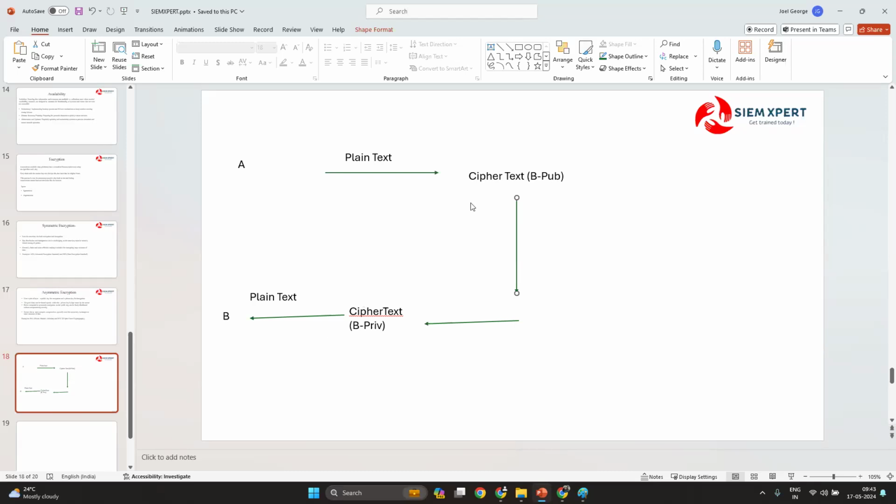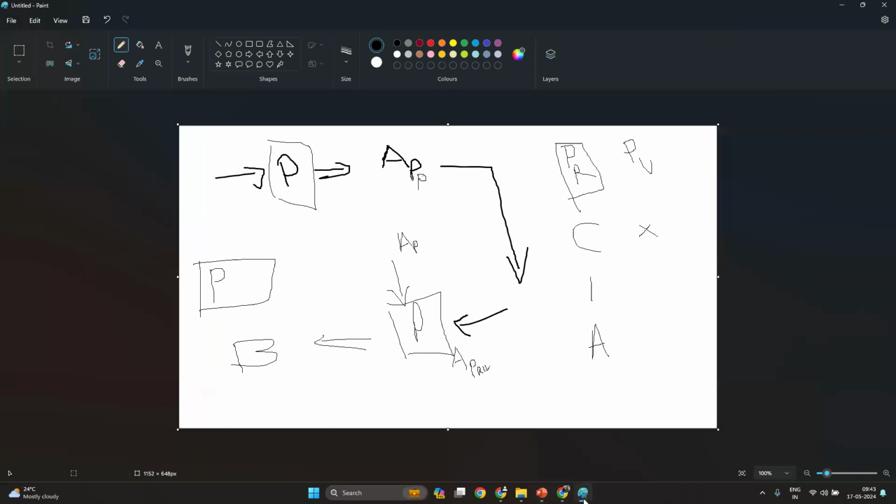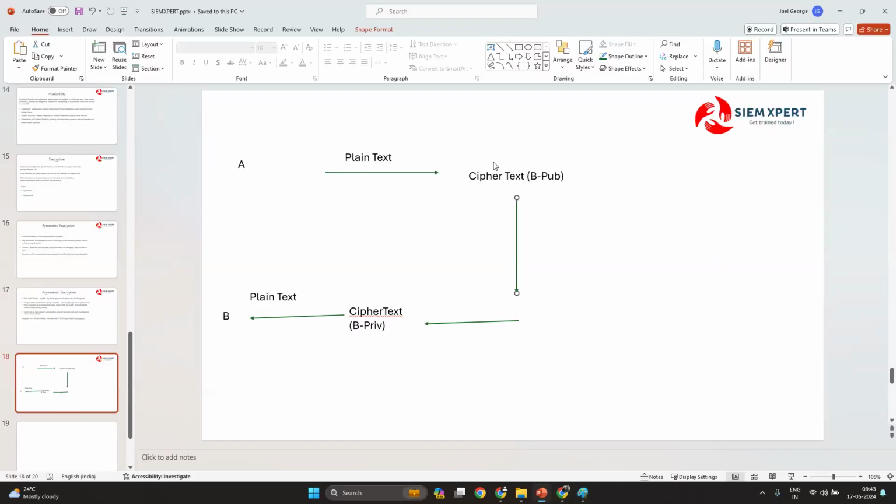So in this way, A knows that B is getting the details. A is confident that only B can decrypt it. So here confidentiality is maintained that way. But the other diagram, I'll try to change it, uses the private key.